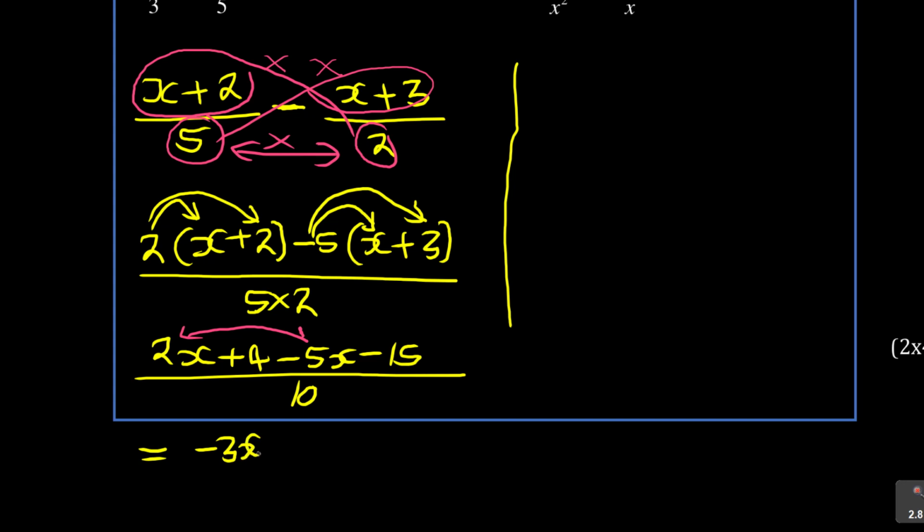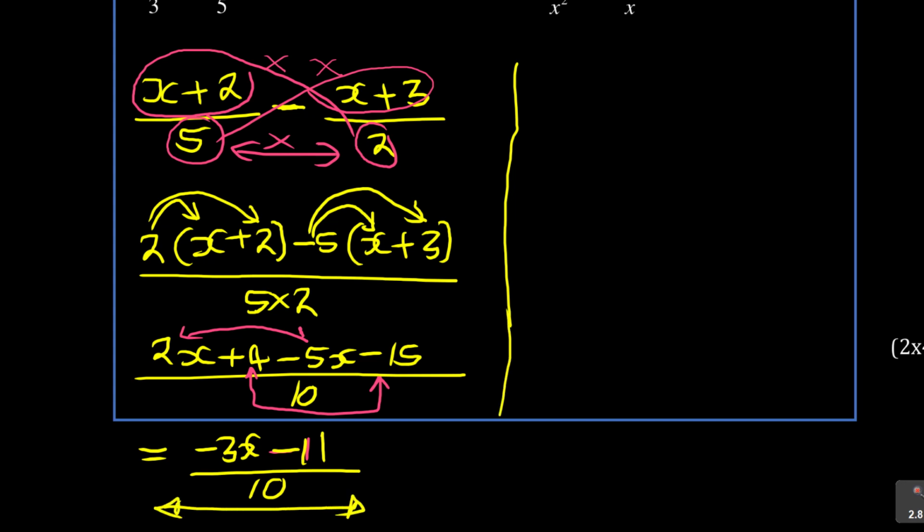And then 4 minus 15 gives me negative 11. So here I'll have negative 11 over 10. So this will be the solution. Can't go further. So that is one way.